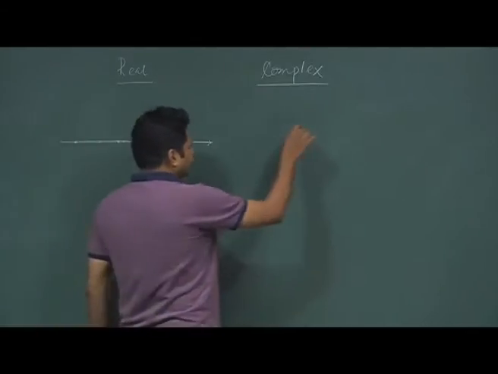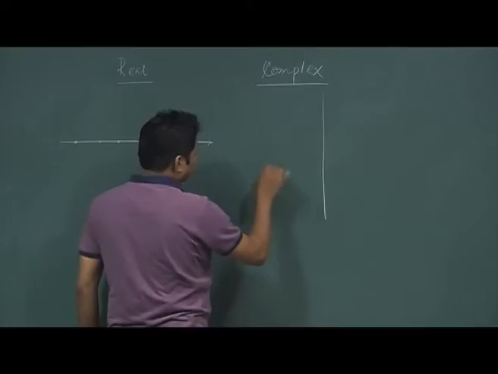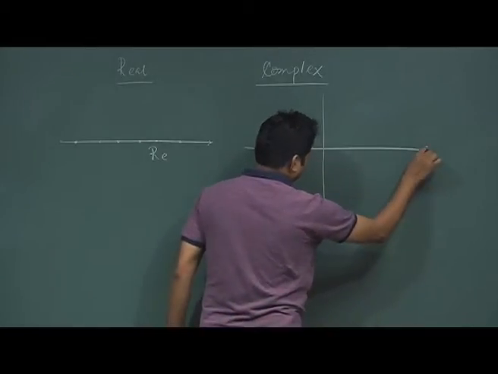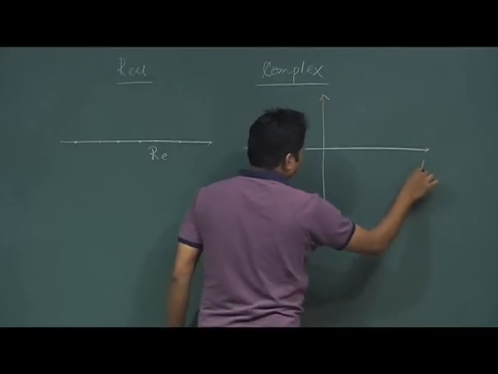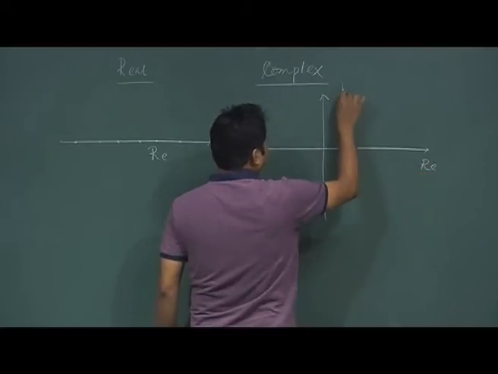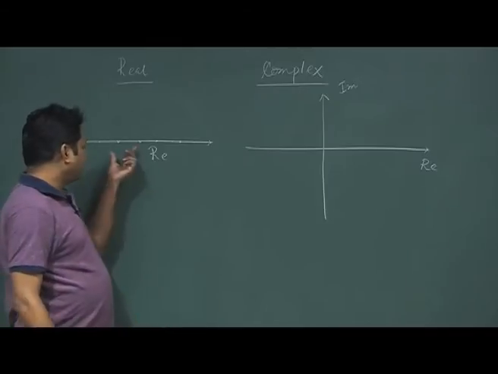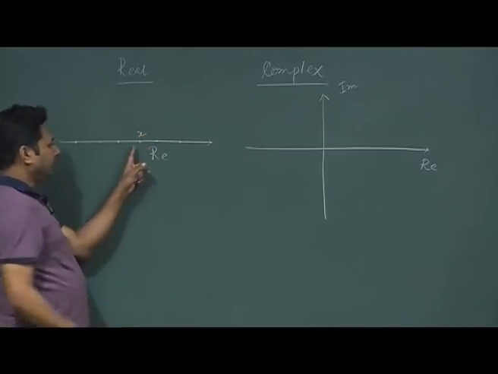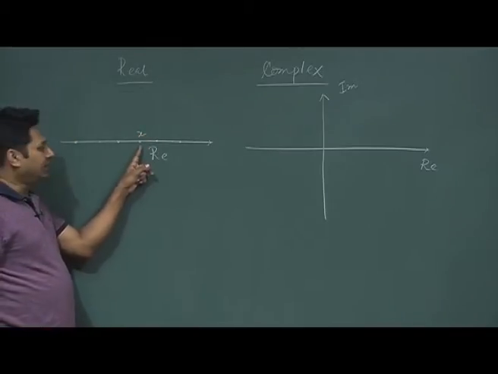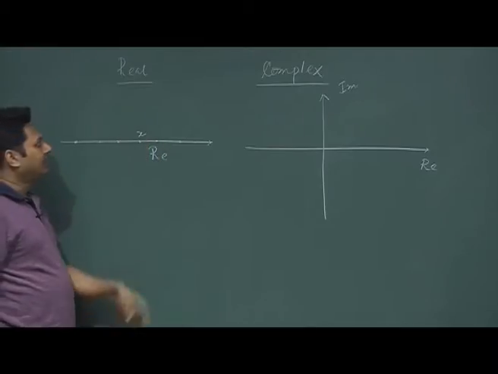On the other hand, in the complex case, instead of having one line, we have a plane, right?